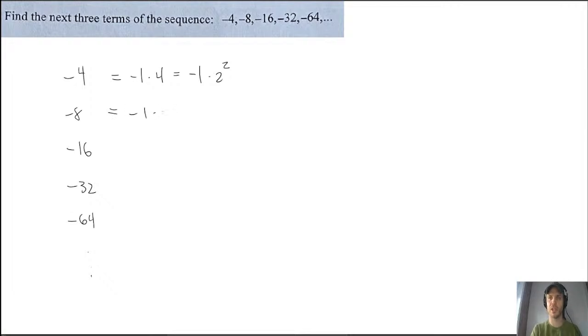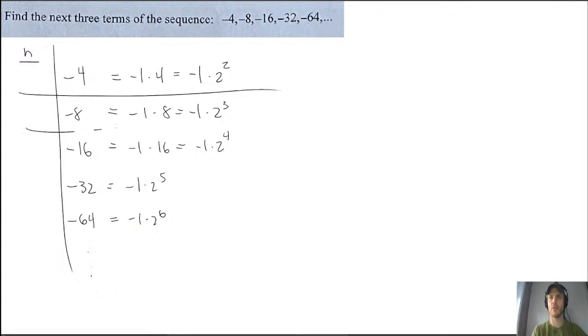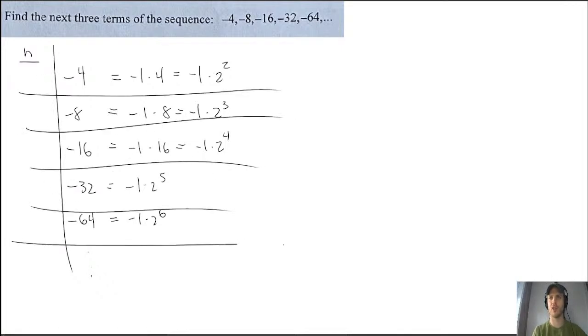So this is -1 times 8, which is -1 times 2 cubed, and you'll start to see the pattern here. 16 is -1 times 2 to the 4th. So if we assign these an n, our strategy is to write a formula so that you could just figure out the next 3 terms.